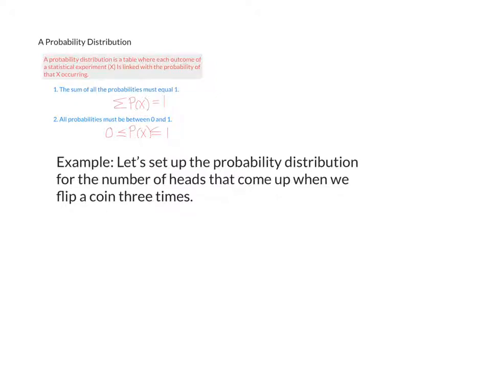Let's set up the probability distribution for the number of heads that come up when we flip a coin 3 times. I'm going to let x, my random variable, be the number of heads that come up. So my random variable, if you remember back to the previous thing we were talking about, can be 0, 1, 2, or 3.